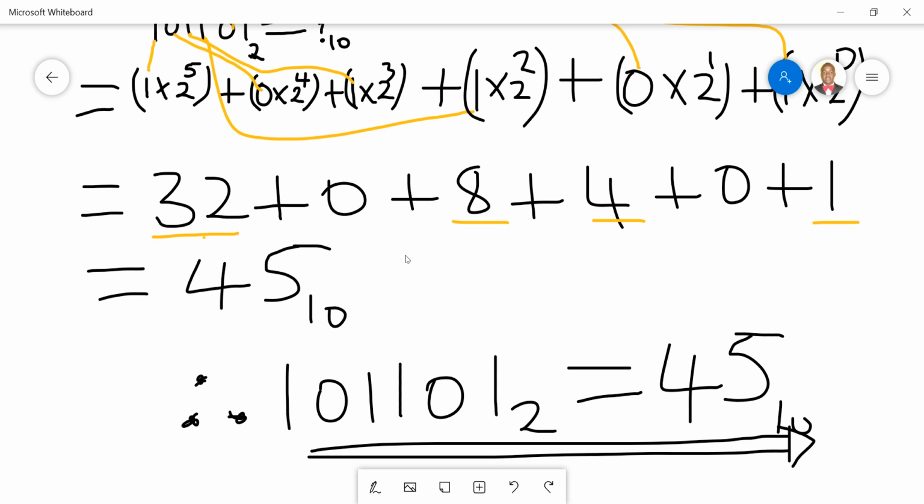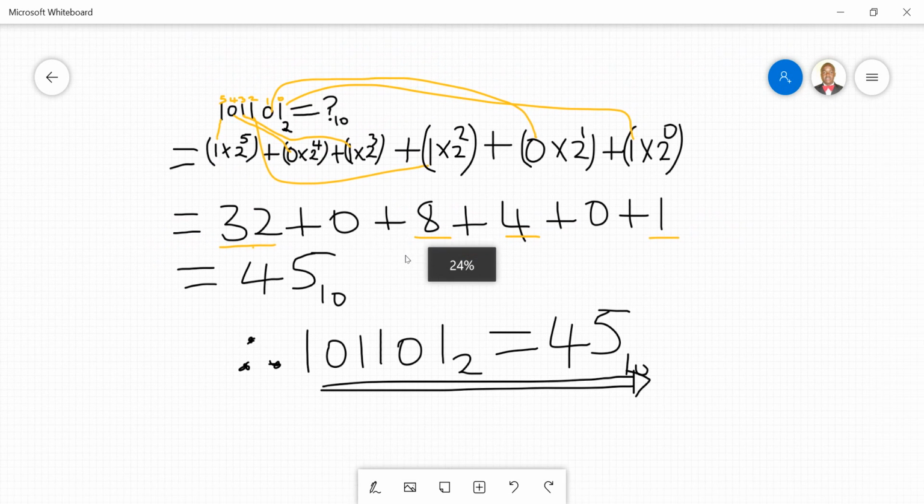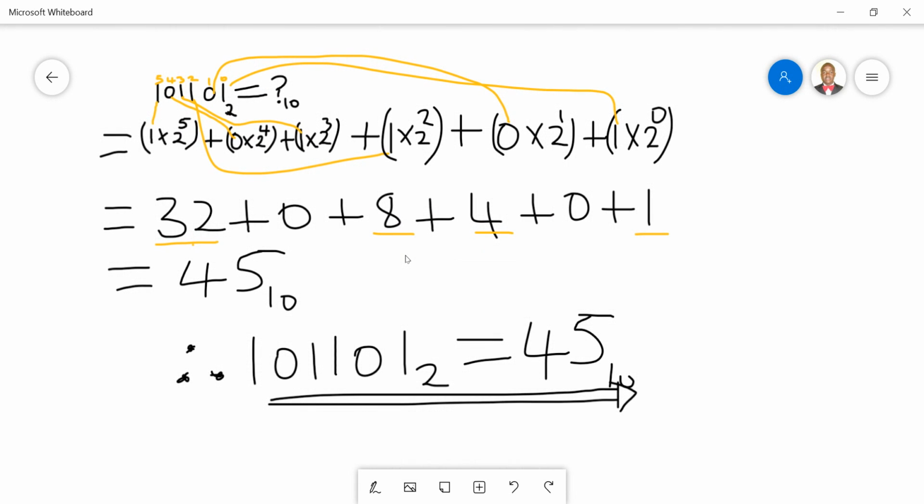So now I hope you understand what we were doing on this first part. Now we are just going to move to our second part, where I'm going to give you a question that says convert the following decimal number into its equivalent binary number, and you also have to convert the same number to octal and to hexadecimal, and we'll do vice versa.